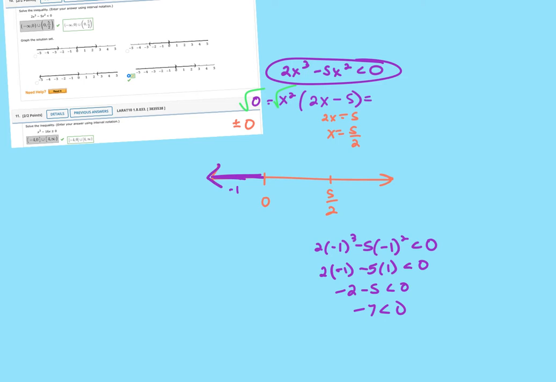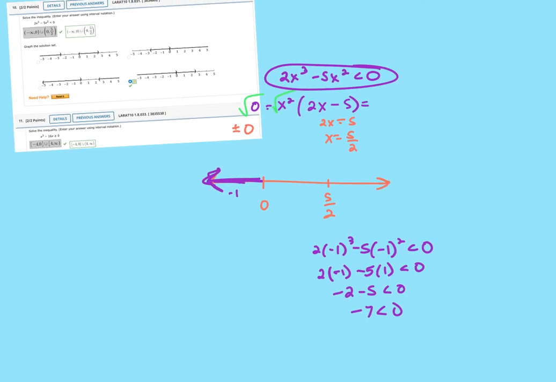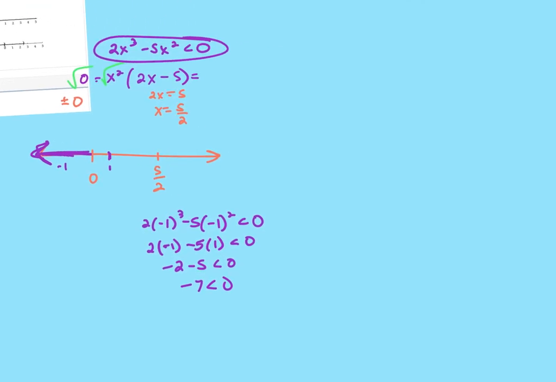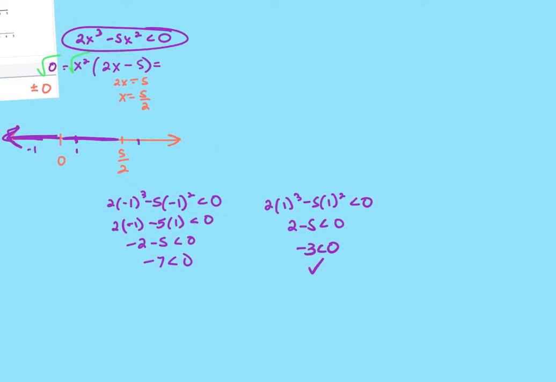So this side works. If I plug in from in between here, let's say I plug in 1, I'd get 2 times 1 to the third minus 5 times 1 squared is less than 0. 2 minus 5 is less than 0, and -3 is also less than 0. So this section works.